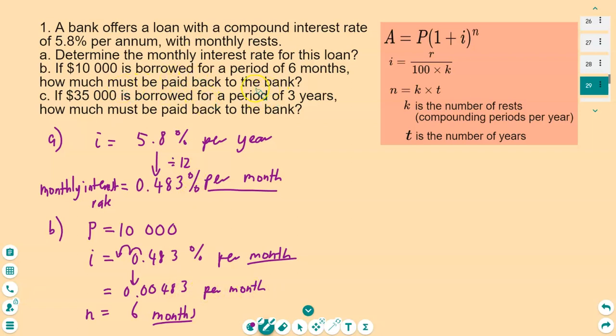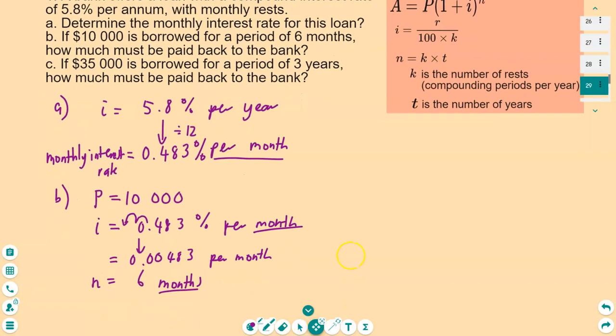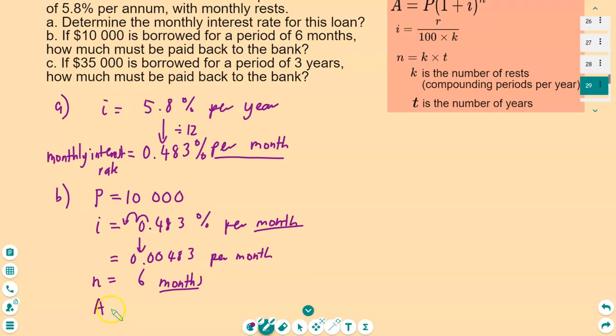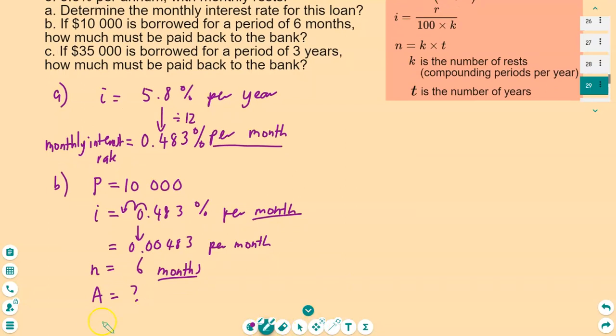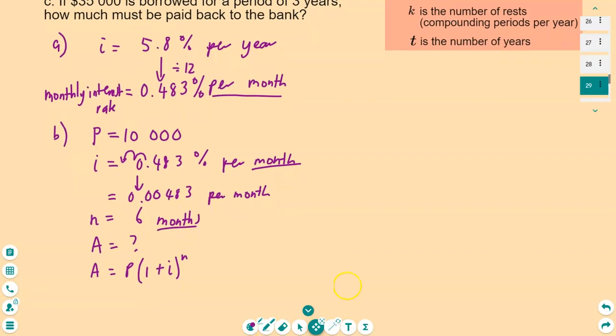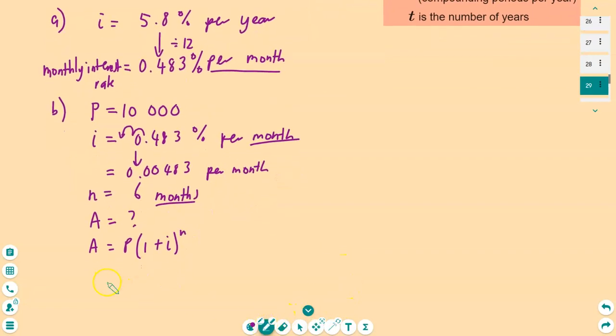How much must be paid back to the bank? How much does it amount to is what they're asking. Now we know it's compound interest, so we know the formula for that. P is 10,000. I is our monthly interest rate as a decimal.